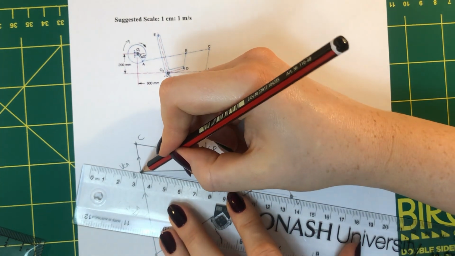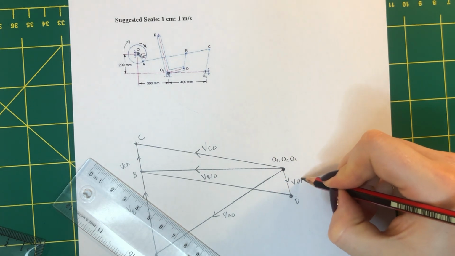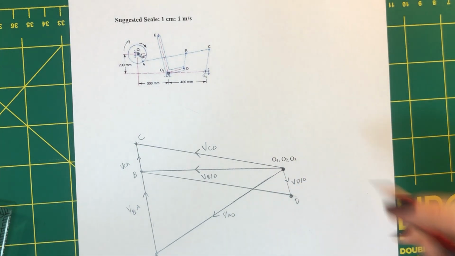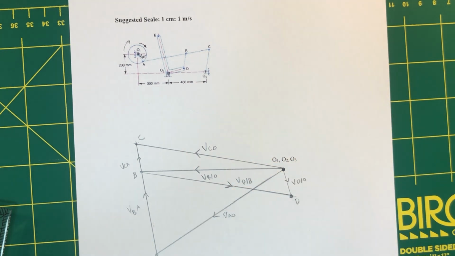So I'll go over this one again. This is my absolute velocity of D relative to the fixed point. This is my velocity of D relative to B.